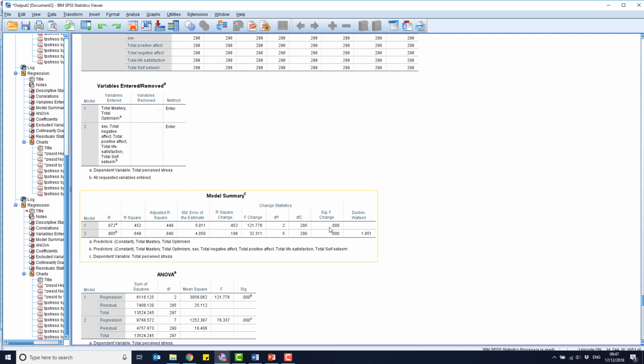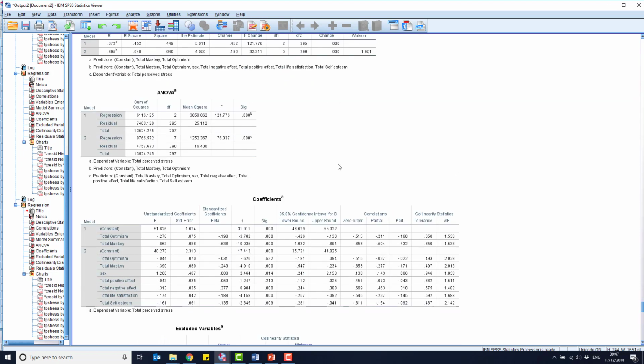We can see that there is a significant initial model, and that adding the rest of our predictors to mastery and optimism has led to a significant increase in the amount of variance explained. So it would appear worthwhile. Both steps of that model are statistically significant.